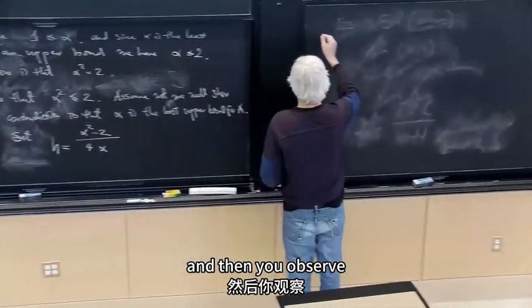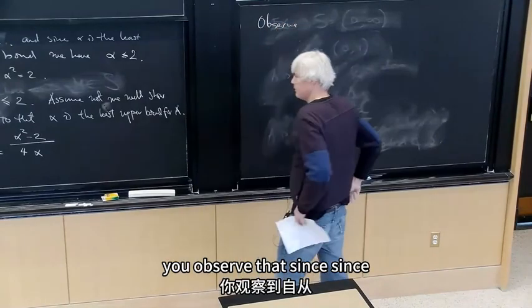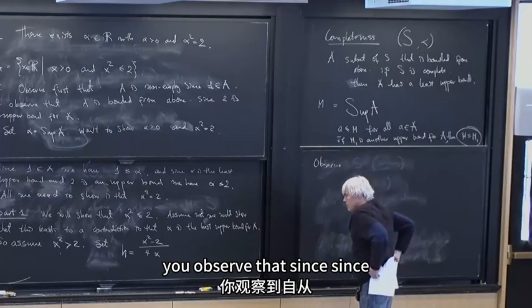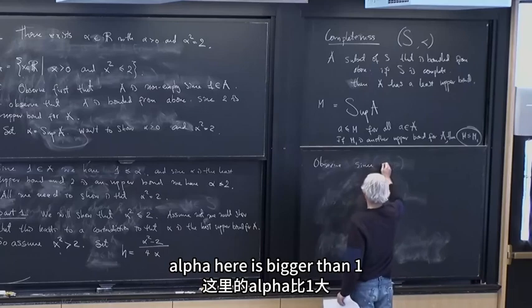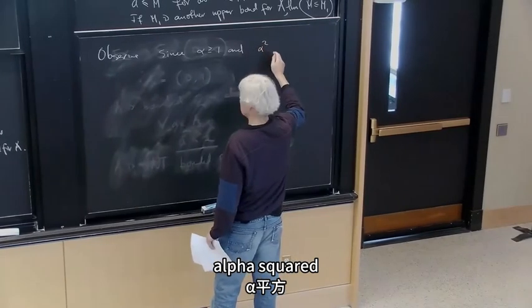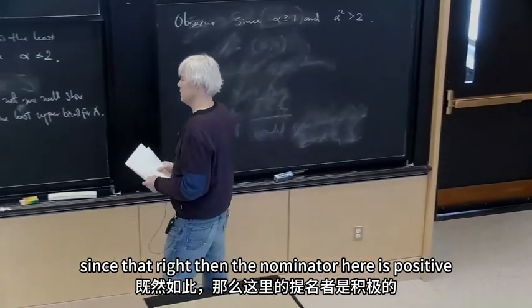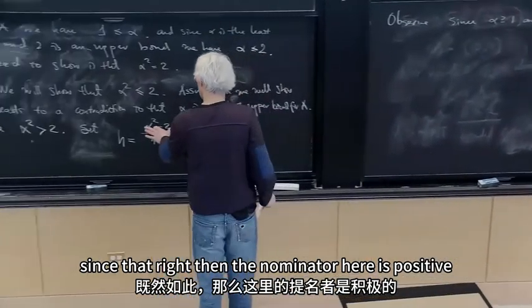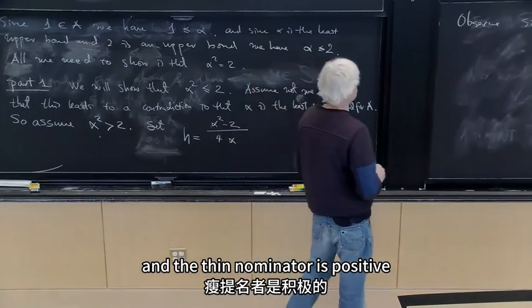And then you observe that since alpha here is bigger than 1 and alpha squared is bigger than 2, the numerator here is positive and the denominator is positive.